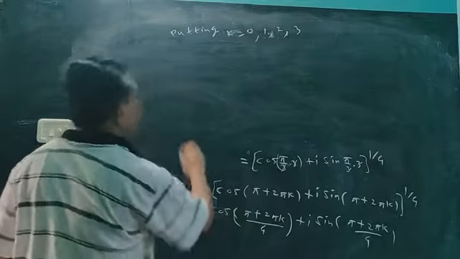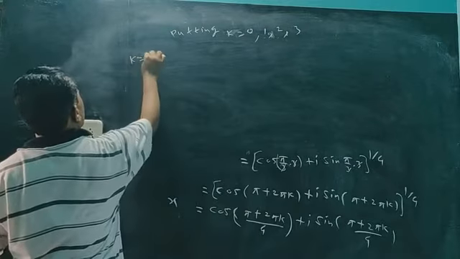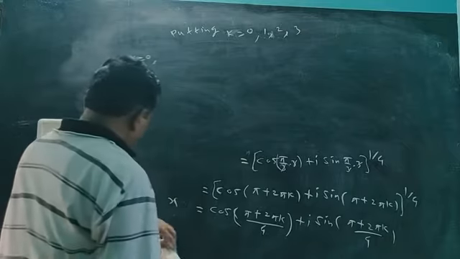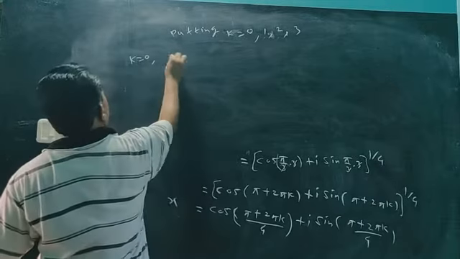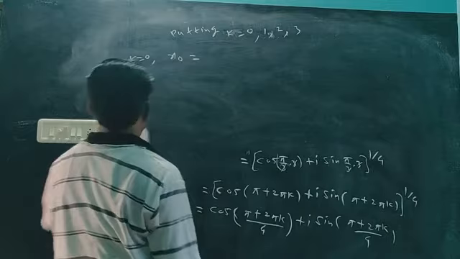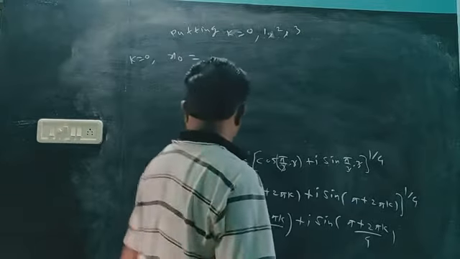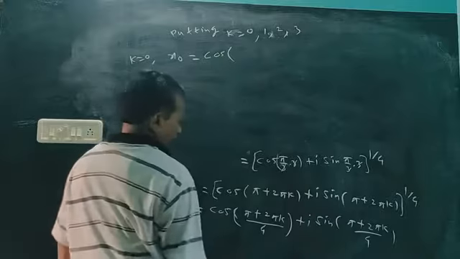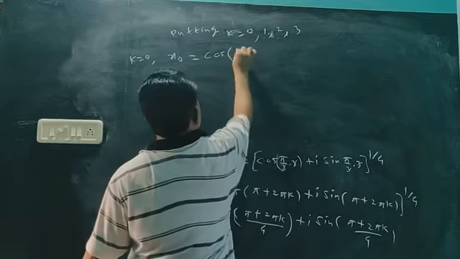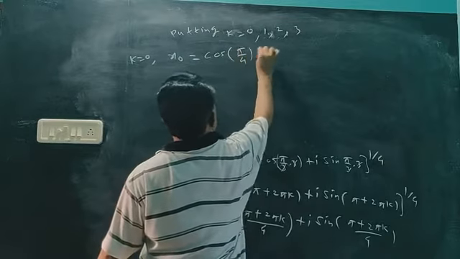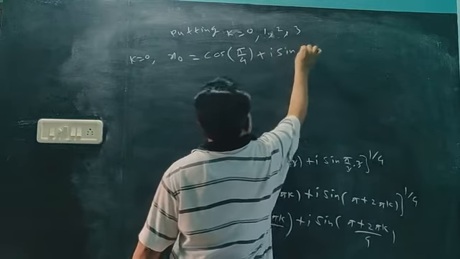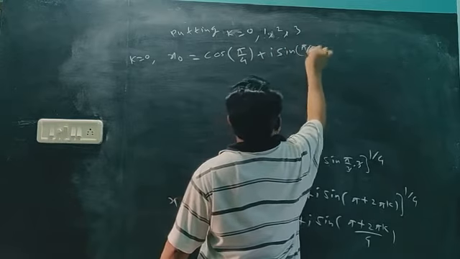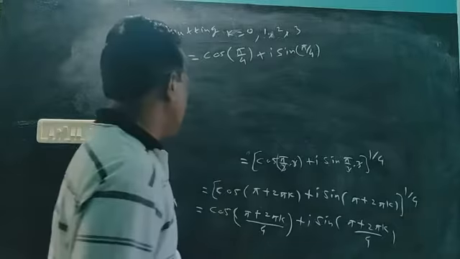Okay, k equal to 1. So first, k equal to 0, x0. So cos of pi by 4 plus i sin of pi by 4 for k equal to 0.